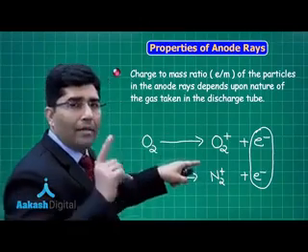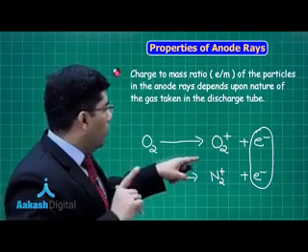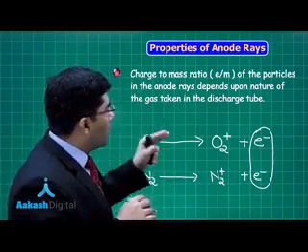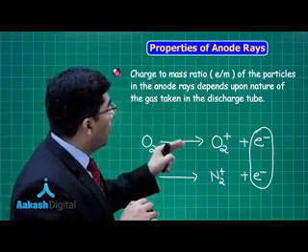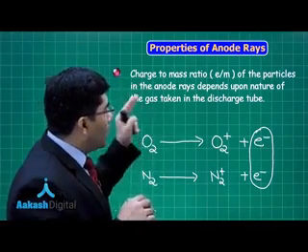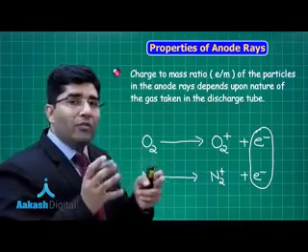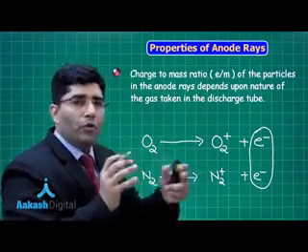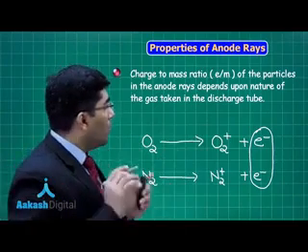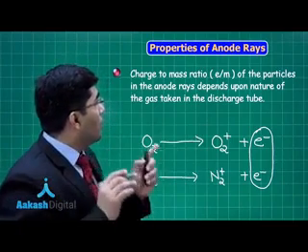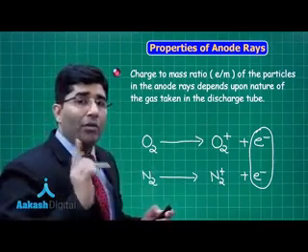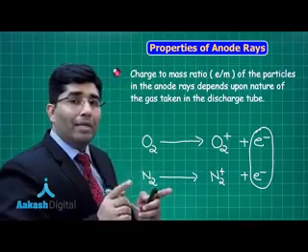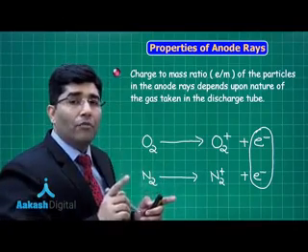Therefore, the charge by mass ratio depends on the nature of the gas, meaning which gas we have taken in that particular discharge tube. So guys, these were the properties of anode rays, and one more thing I want to tell you, these properties led to the discovery of the proton.